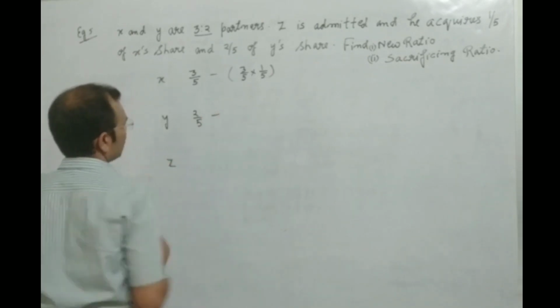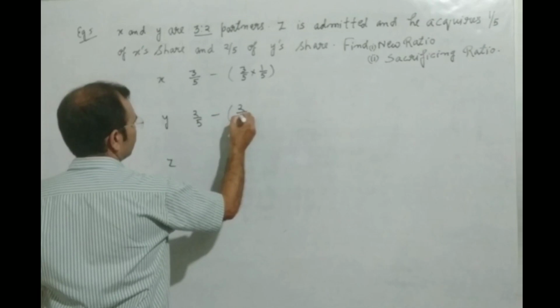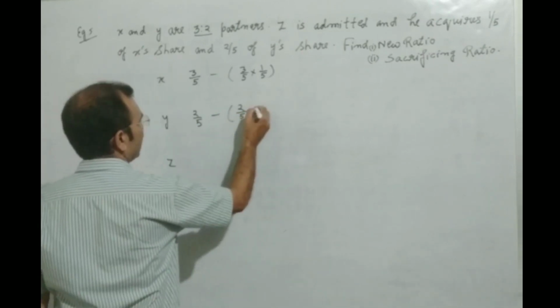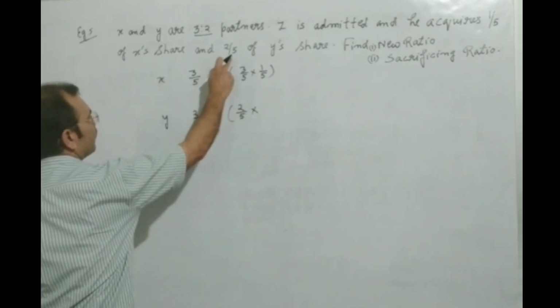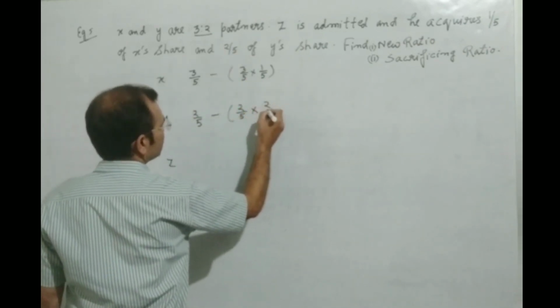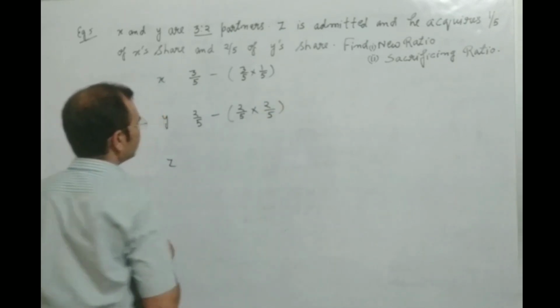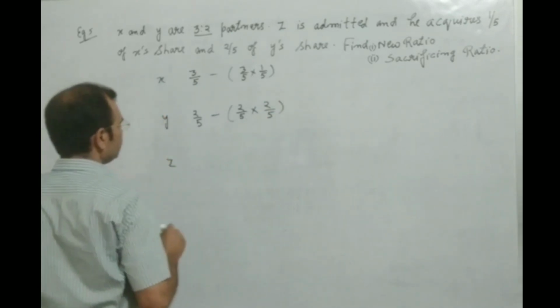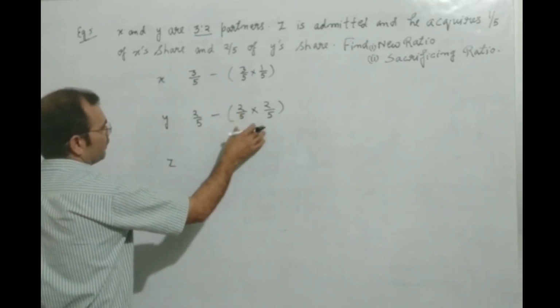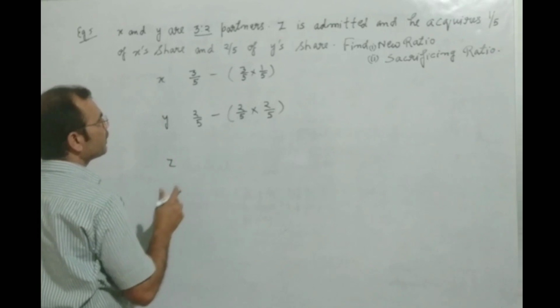In front of Y we will put a minus sign, and whatever the share of Y, which is 2/5, 2/5 of Y's share. Now we will find Z's share.